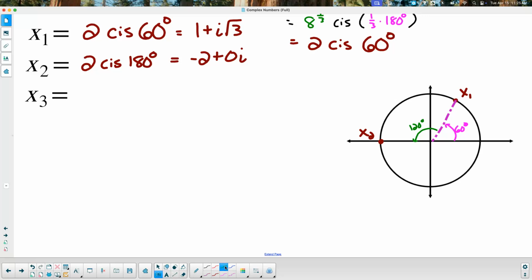So does it make sense for us to then have a 60-degree gap here and a 120-degree gap there? Does that make sense? Because what does that actually produce? Three 120-degree angles, right? Which are equal, which would divide the circle into thirds, yes? Okay, so if I add 120 degrees more, where is x sub 3?